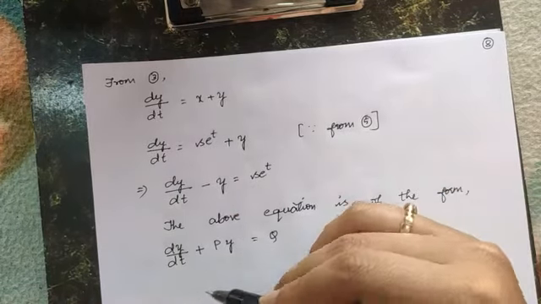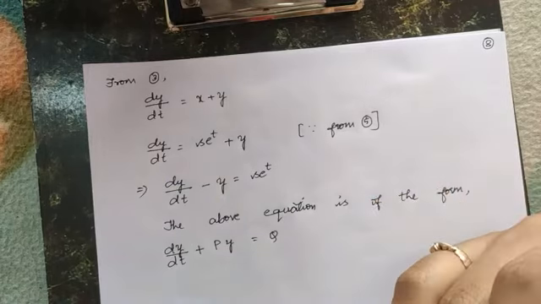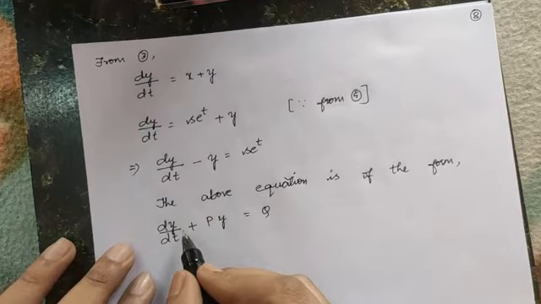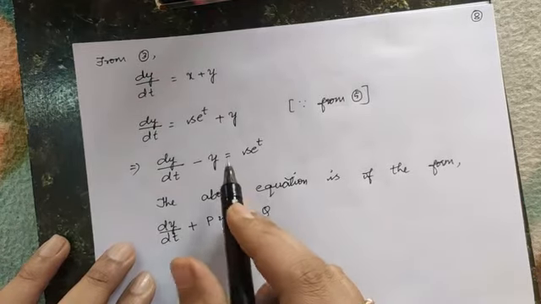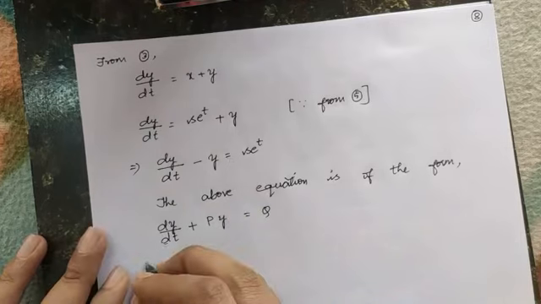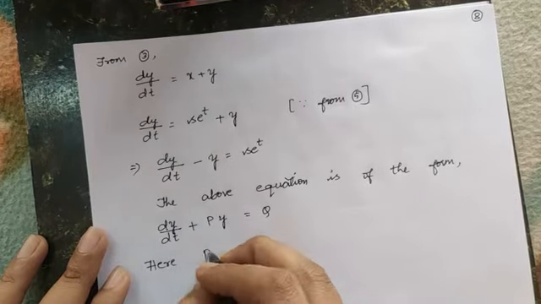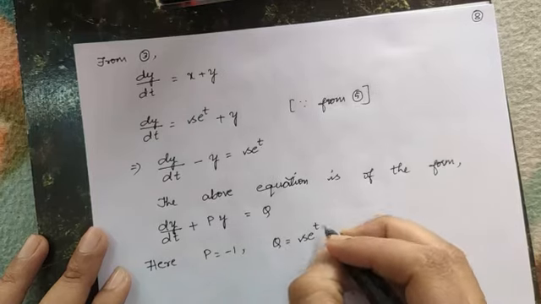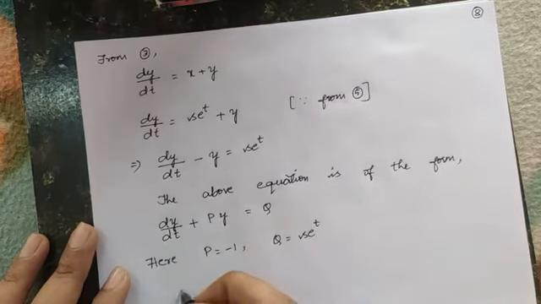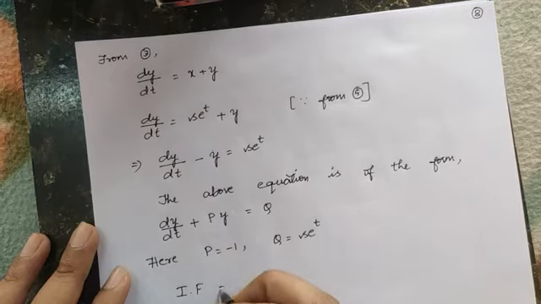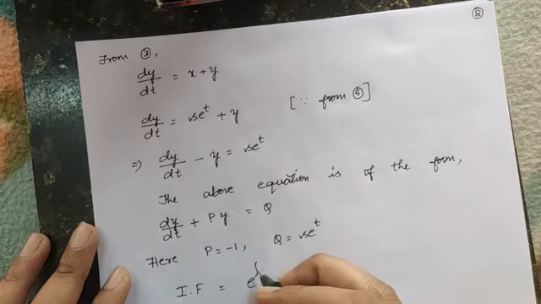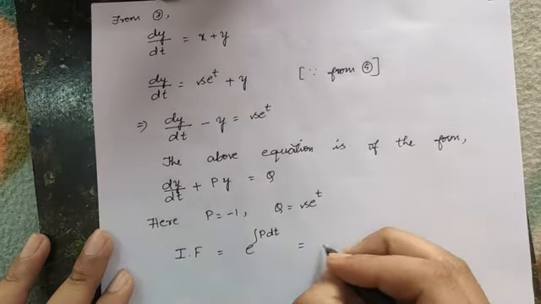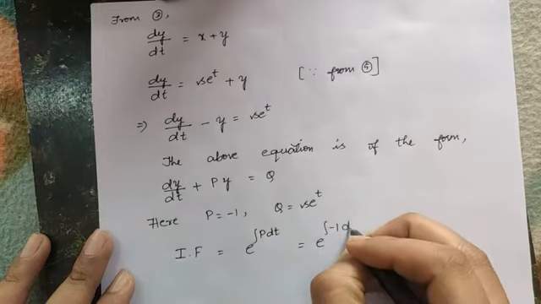In order to solve this equation, we have to find out the integrating factor, right? So now let's compare the general equation with the obtained equation. So here the value of p is -1 and q is s into e power t. So the integrating factor is equal to e power integral of p into dt, right? So this is nothing but e power integral of -1 into dt.